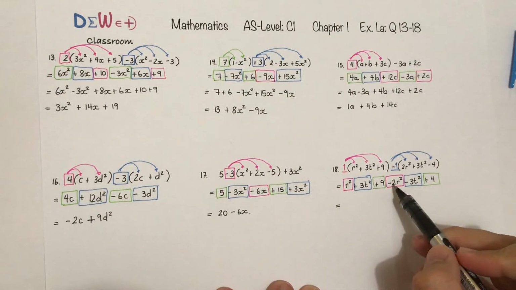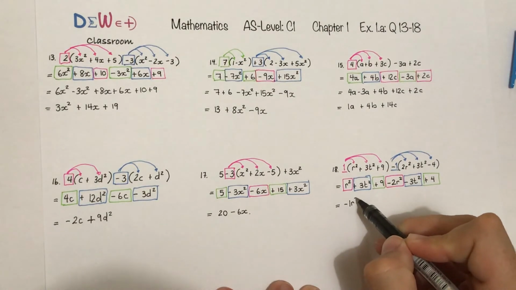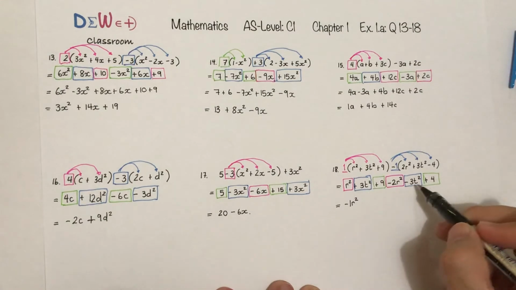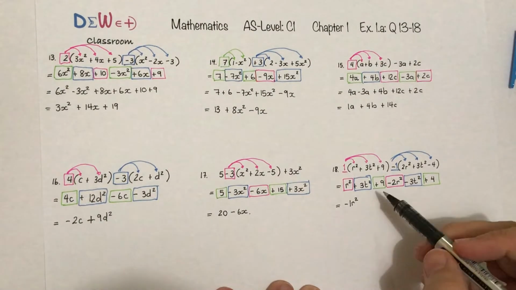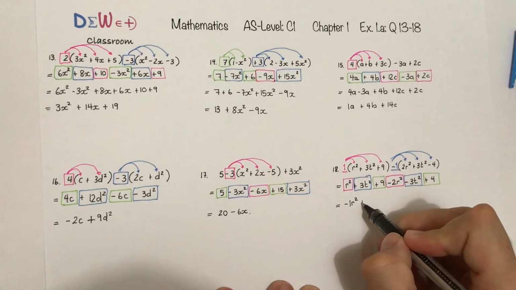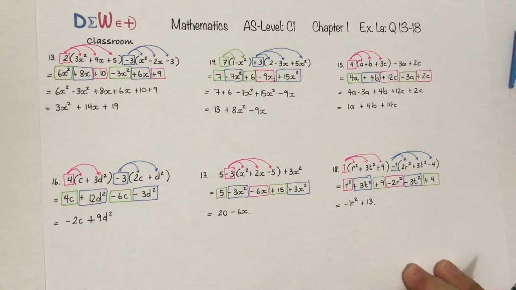R squared minus 2r squared will give us minus 1r squared, plus 3t squared and minus 3t squared, that will cancel out, so the blues are completely off the map, and plus 9 plus 4 will give us plus 13. As easy as that. And this concludes exercise 1A from the AS level C1 textbook.